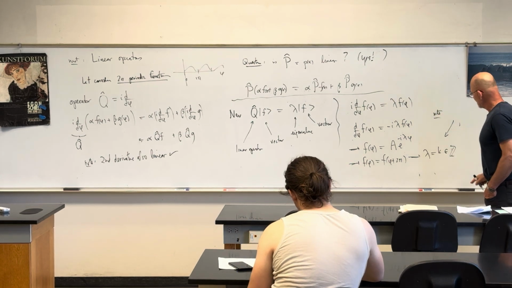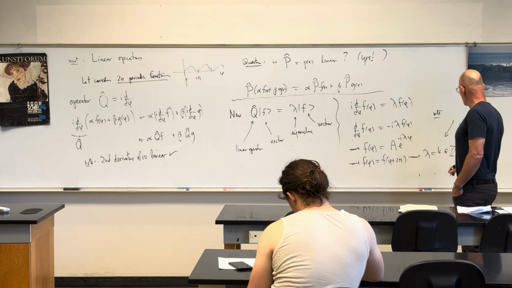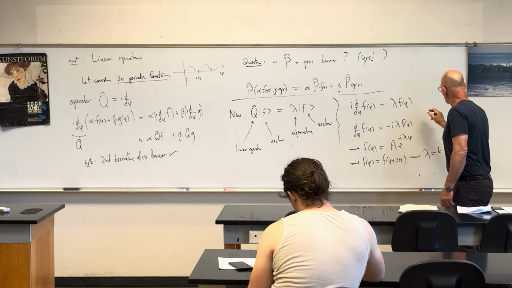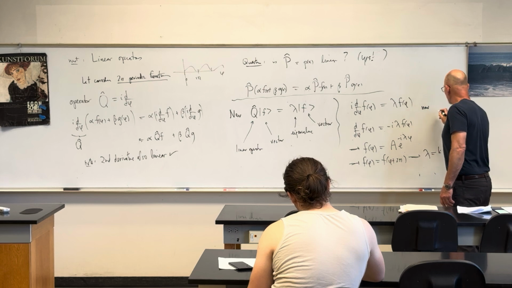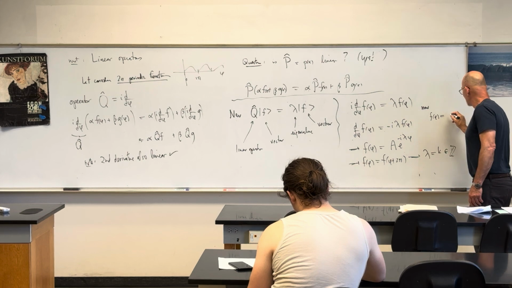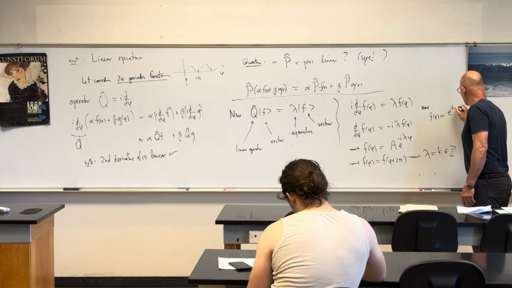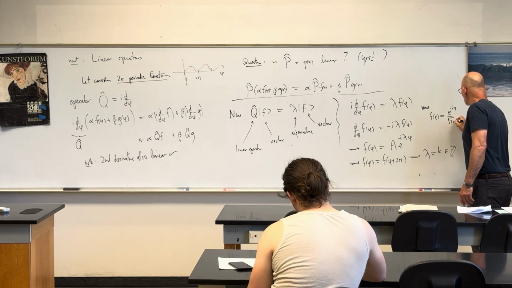I'll just note that these functions now, let's go ahead and fill that in. Now we can let f of phi be this, e to the i k phi over root 2 pi.